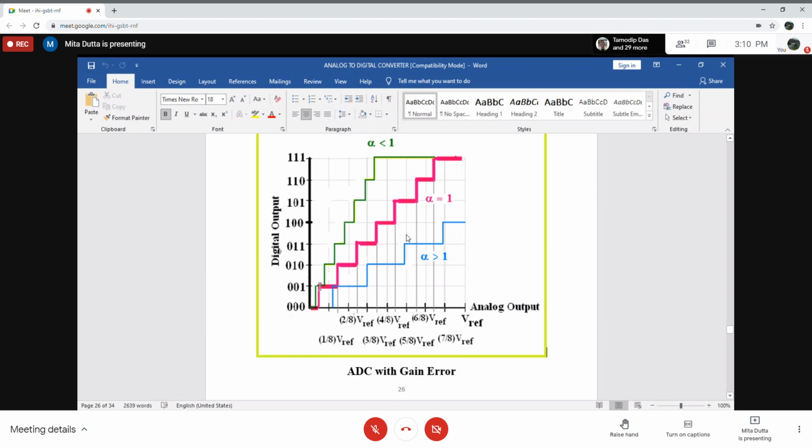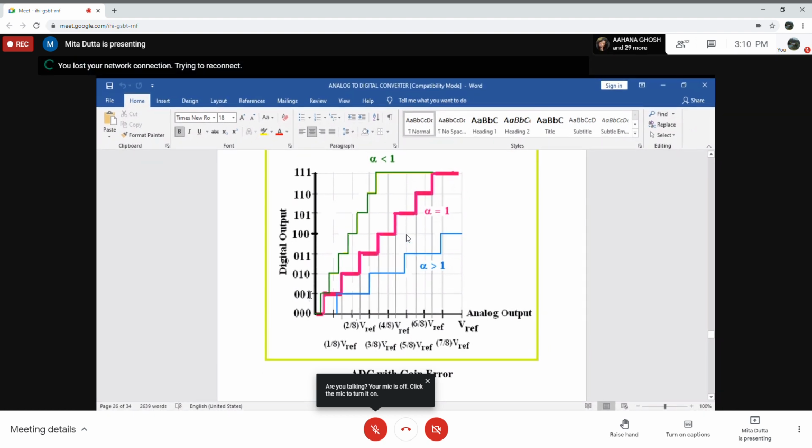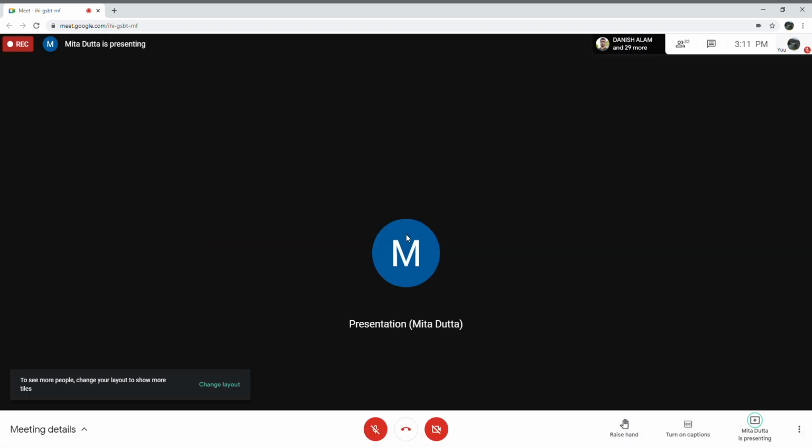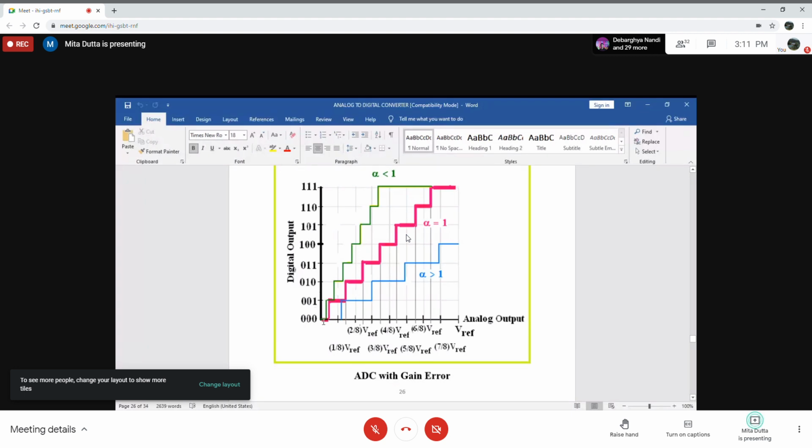And for this range of analog input voltage, the output code width for the last transition will be 1.5 LSB and code width for the first transition is 0.5 LSB.